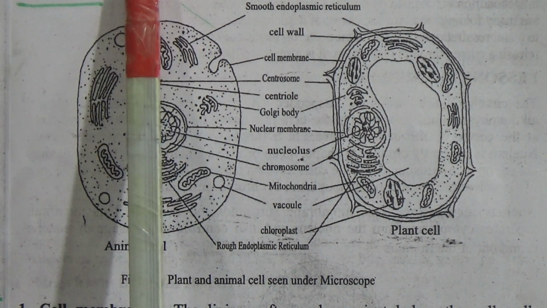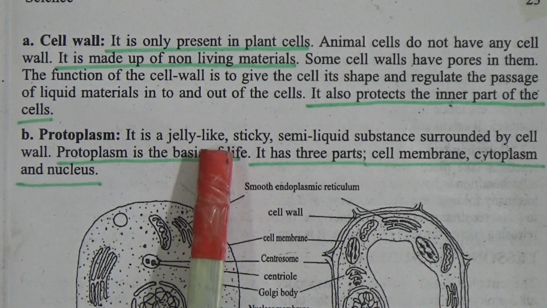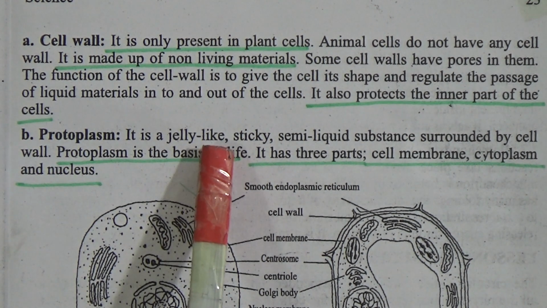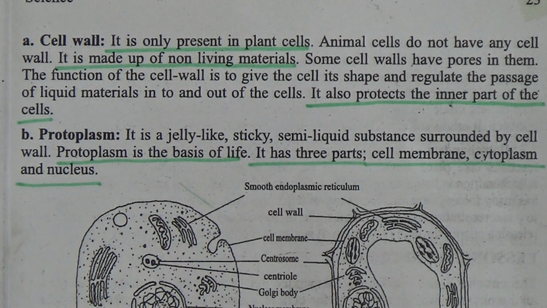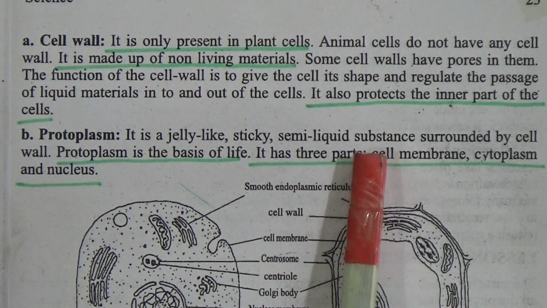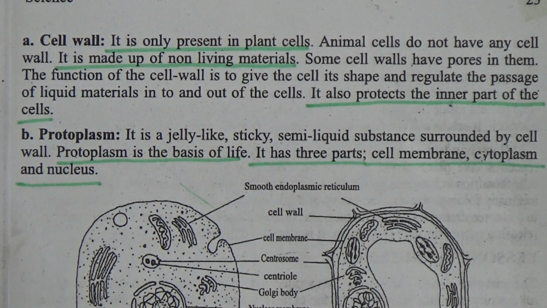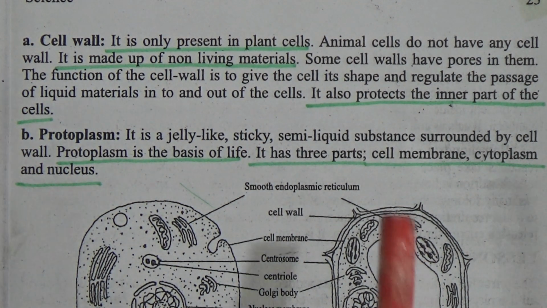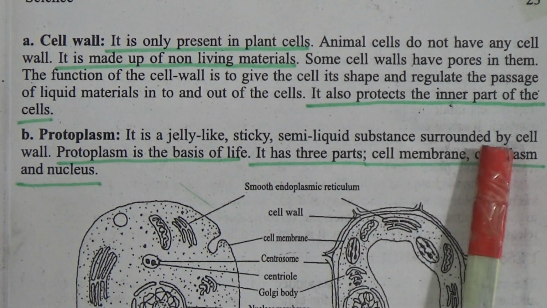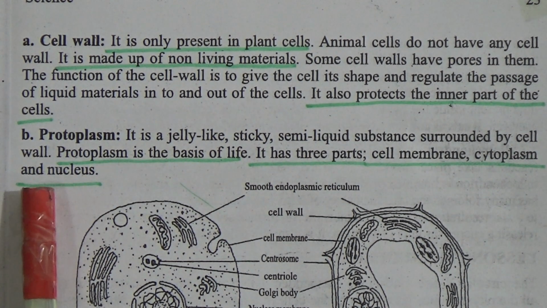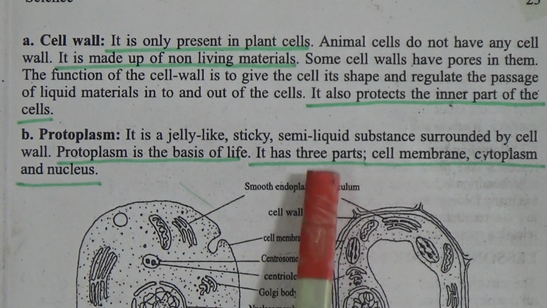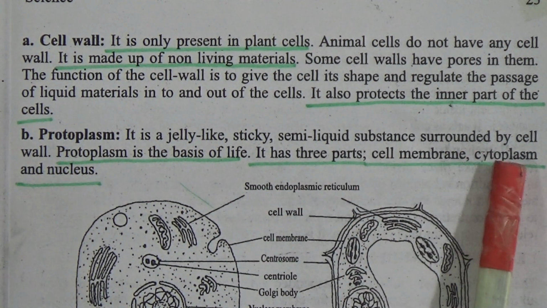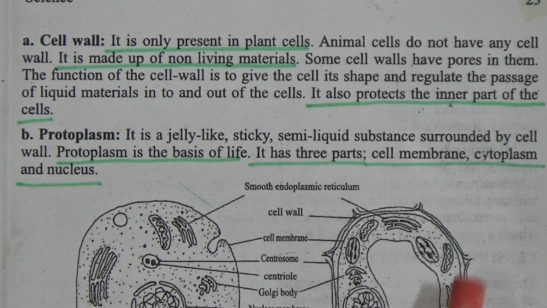Protoplasm is a jelly-like, sticky, semi-liquid substance surrounded by the cell wall. Sticky means like glue. Protoplasm is the basis of life. It has three parts: cell membrane, cytoplasm and nucleus.